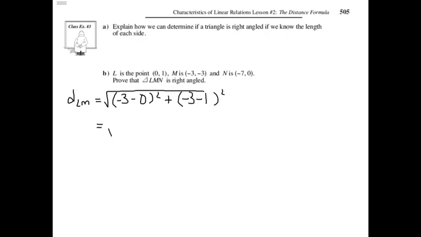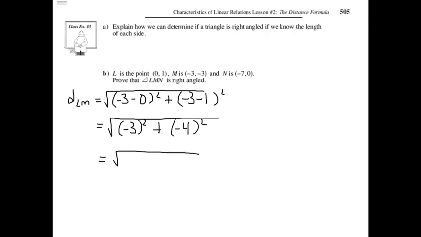Condensing this a little bit, we're going to have -3 squared plus -4 squared. This is going to turn out to be 9 plus 16, which is the square root of 25. So the distance between these 2 points is just 5.